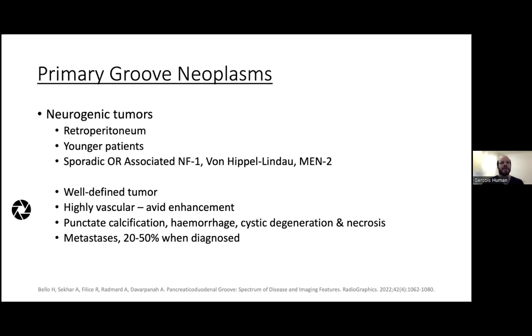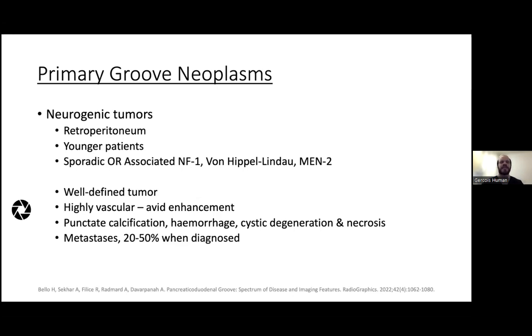And then neurogenic tumors, also tumors of the retroperitoneum, usually found in younger patients, can also be sporadic or associated with a syndrome. They are highly vascular, well-defined tumors with avid enhancement, often containing punctate calcification, hemorrhage, or regions of cystic degeneration and necrosis.